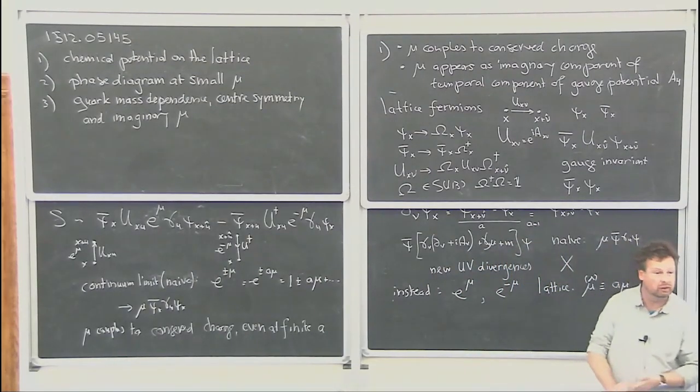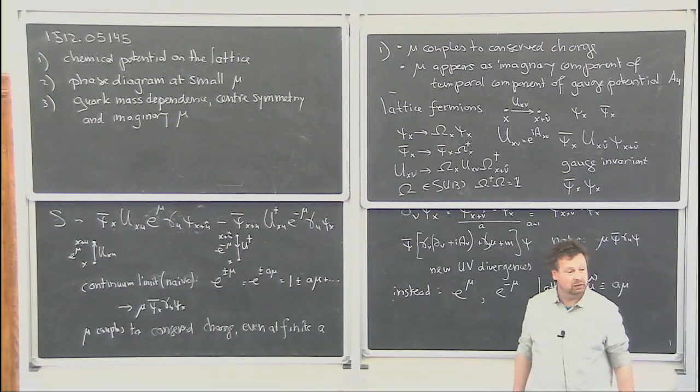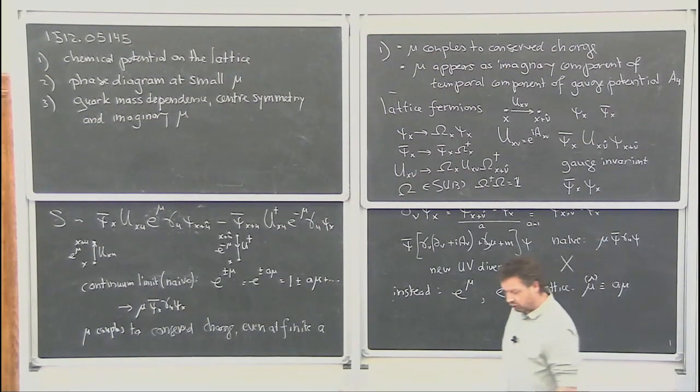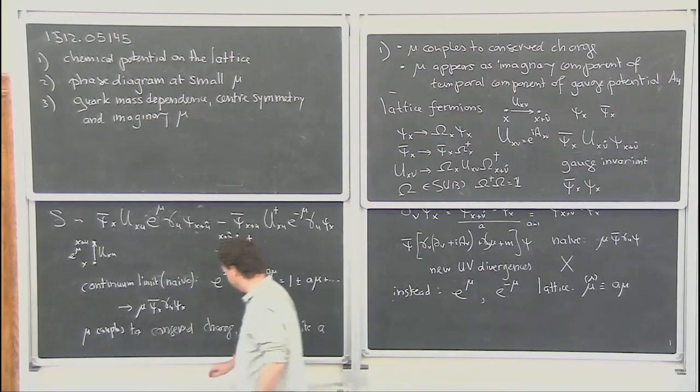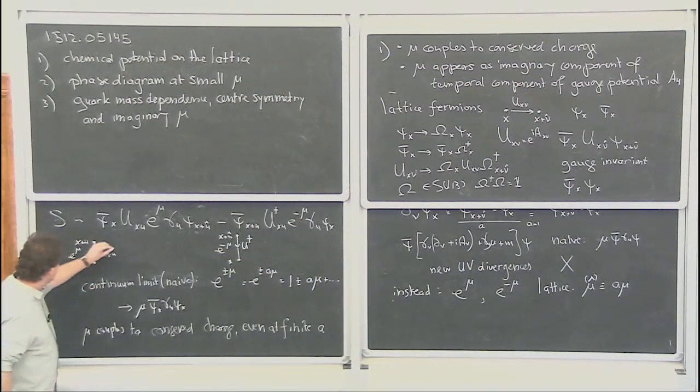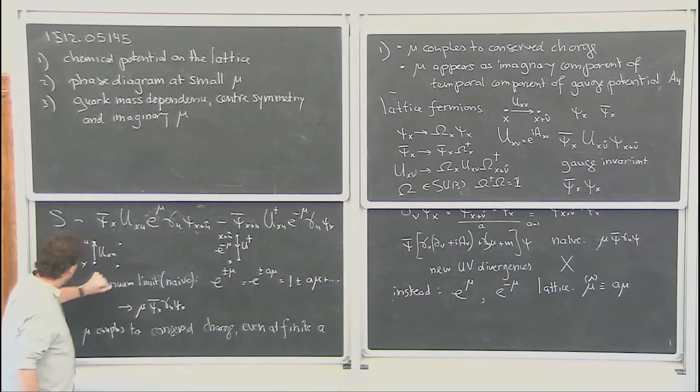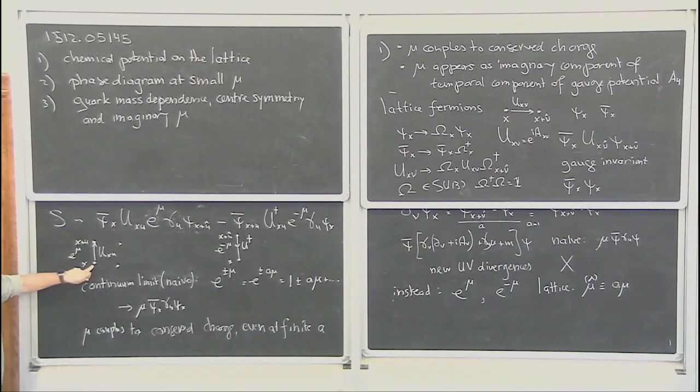Excuse me, I'm a bit confused by these indices. So where does x go? Okay, so x labels the sites on a lattice. So say this one site is x, then this site here is x plus one step in the temporal direction.